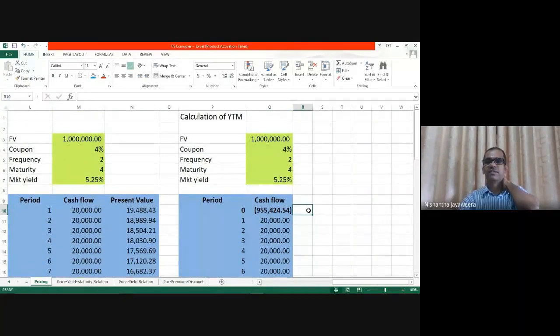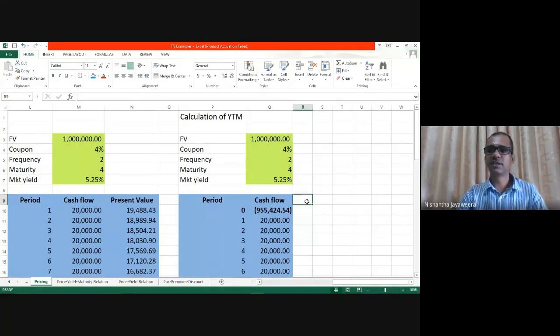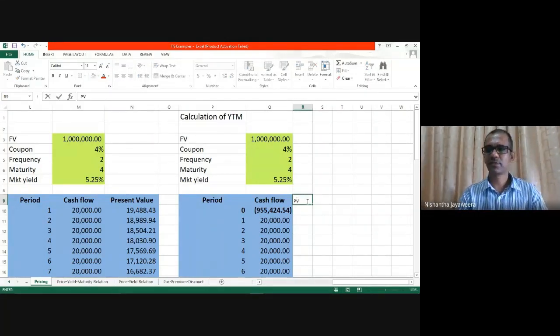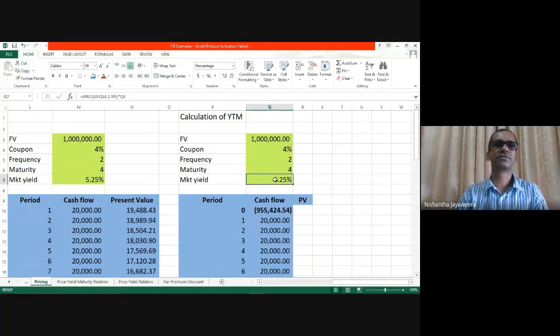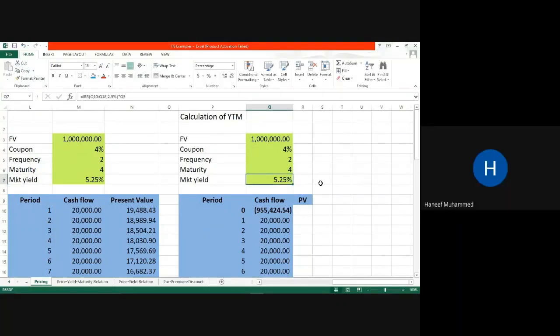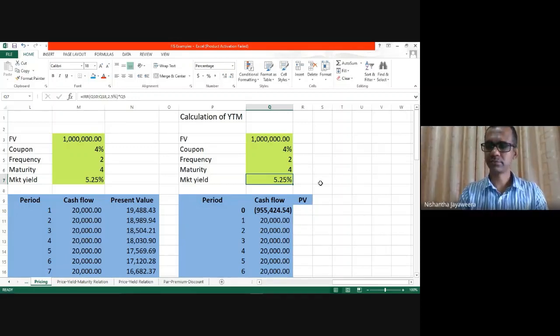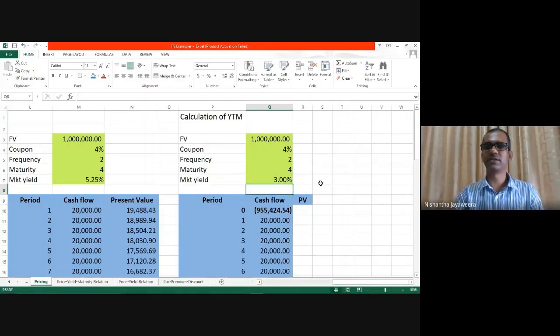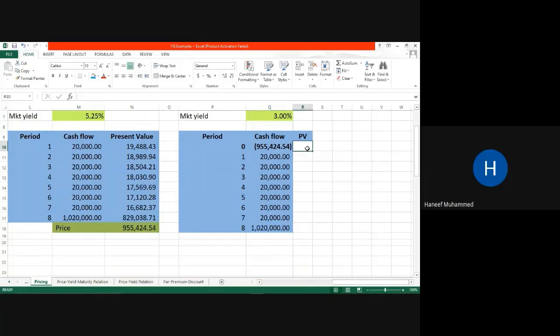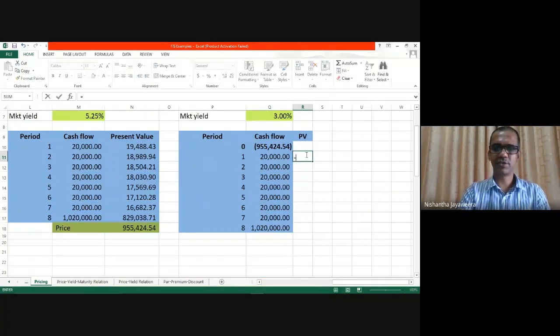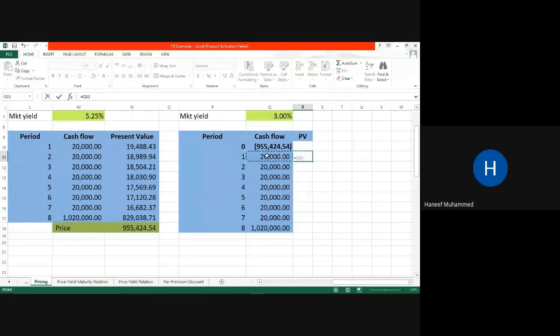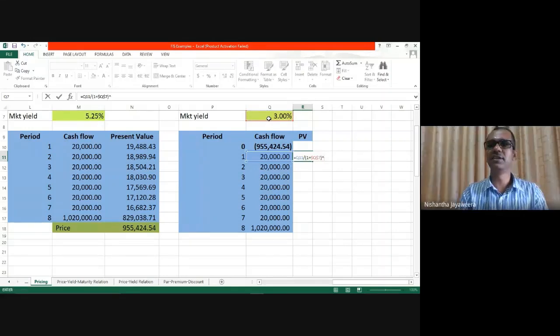The other way is to have this cash flow, without the IRR, then calculate the present value. Instead of using IRR here, you put a guess, 3% or something like that. Then calculate the present value of all these cash flows, the way we did earlier.